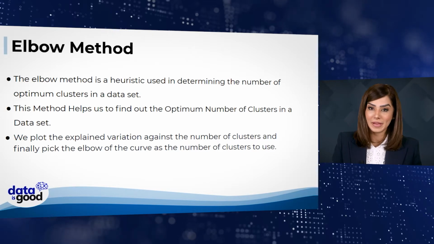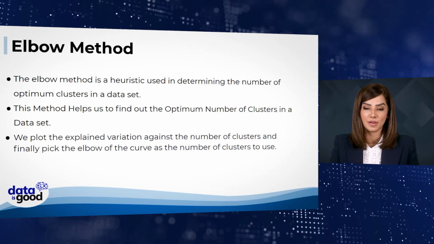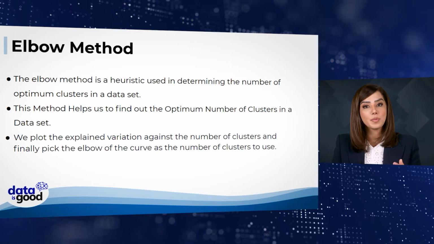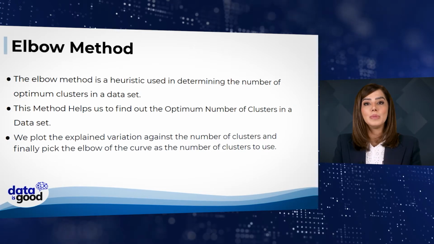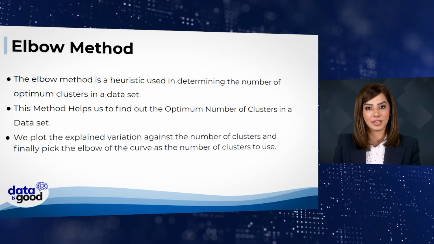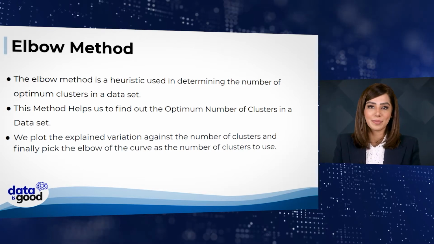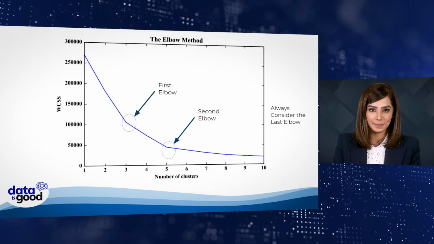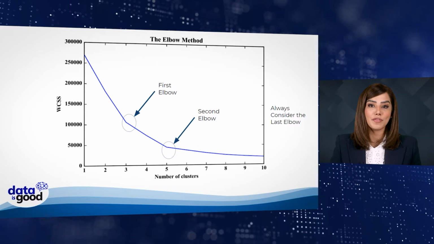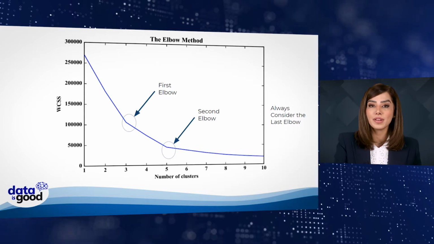Now, what if we have multiple elbows in the curve? We'll have to pick the last elbow. The point where we find the elbow will be the number of clusters we will use for our K-means clustering. Now let's try to understand this approach by taking this example. Here you can see that in the y-axis we have the number of clusters starting from 1 to 10.